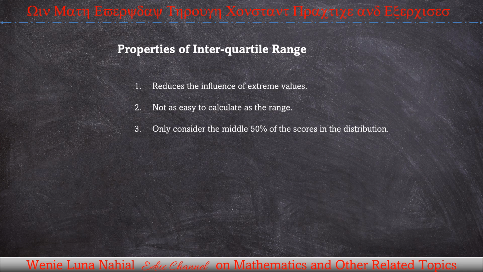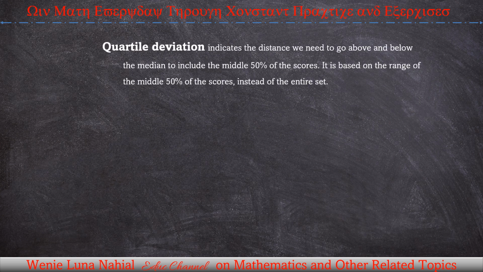It only considers the middle 50% of the scores in the distribution. This is the reason why extreme values do not affect the interquartile range. The point of dispersion is the median value. Now, quartile deviation indicates the distance we need to go above and below the median to include the middle 50% of the scores.